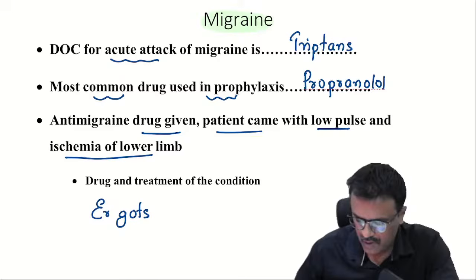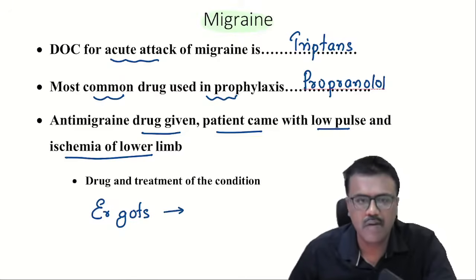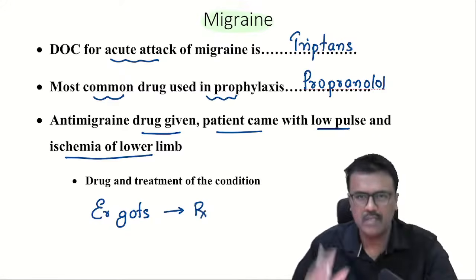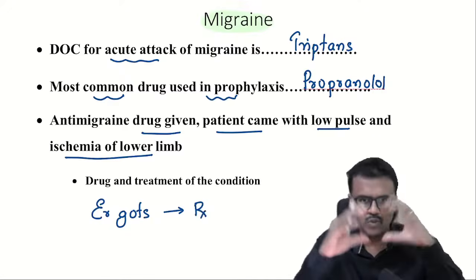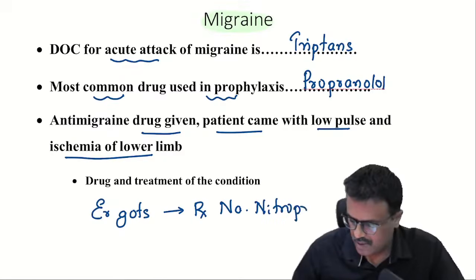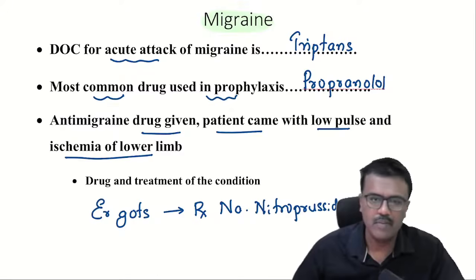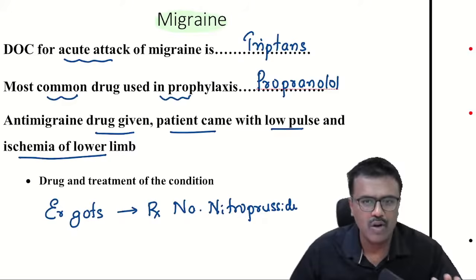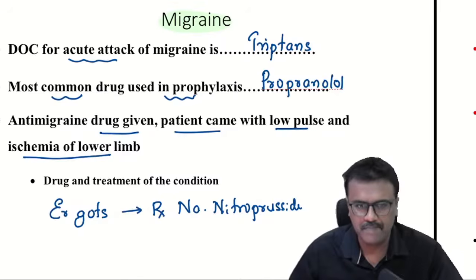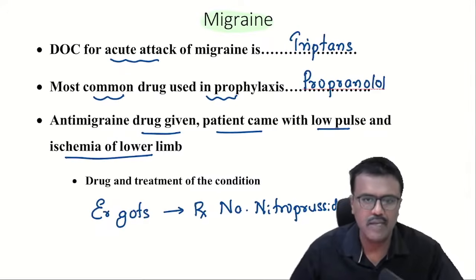So suppose we give ergot and patient comes with vasoconstriction. What is the treatment? Vasodilation. So what is the drug which is preferred? Immediately it will work: sodium nitroprusside. Why? Because it is an IV drug, short acting, and it will dilate both artery and vein equally. So that is how we manage ergot induced vasospasms.